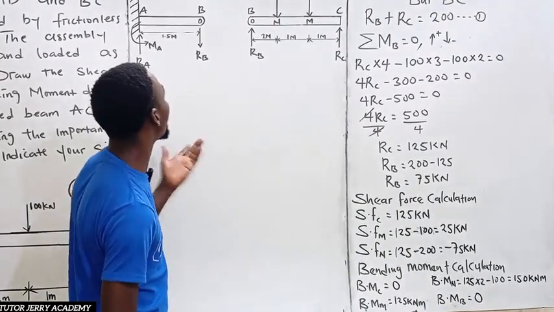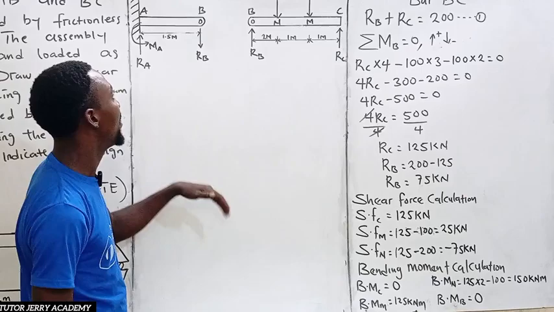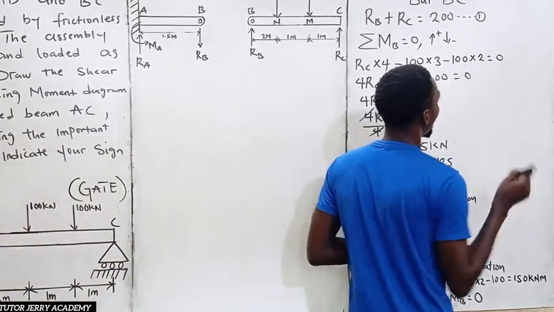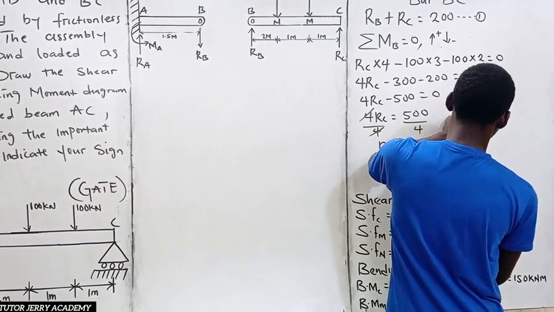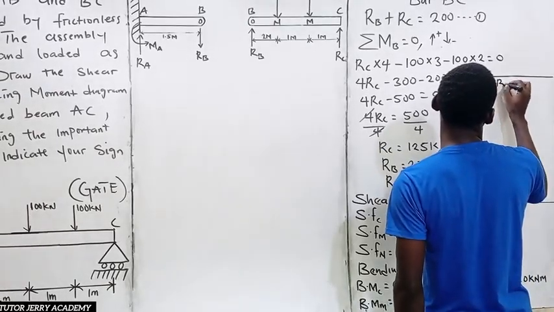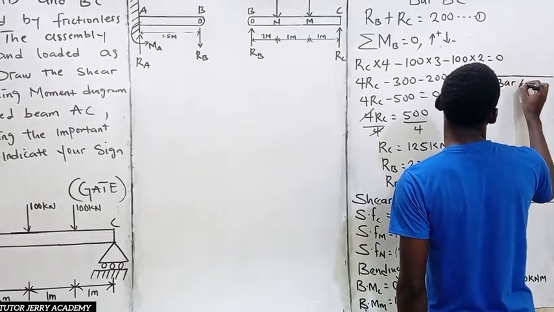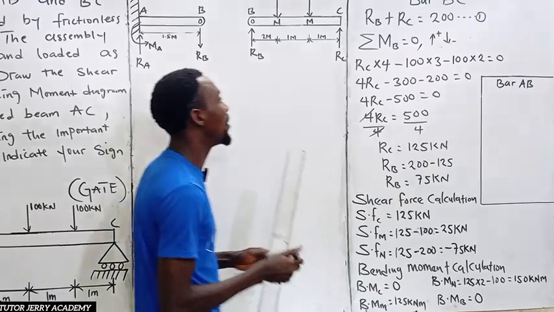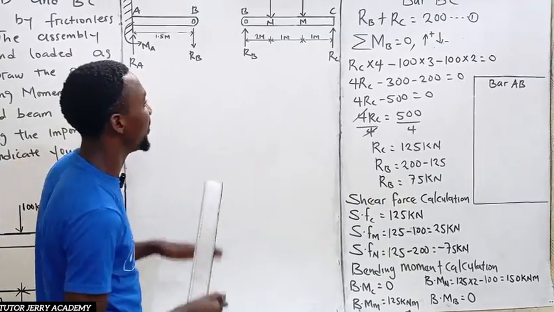Alright, so if you want to consider bar AB. Bar AB now. Alright, so I'm just going to do that here. There's nothing much on bar AB. Alright, so we are going to be calculating the reaction.